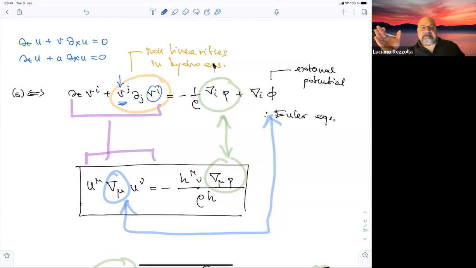Most of the time, the fact that you don't know the equation of state can be addressed, because it can be derived from first principles. It's not that the equation of state is hanging from thin air. It comes from very advanced first principle calculations. For instance, when you want to study the equation of state of a neutron star, it's not that we just invent an equation of state.